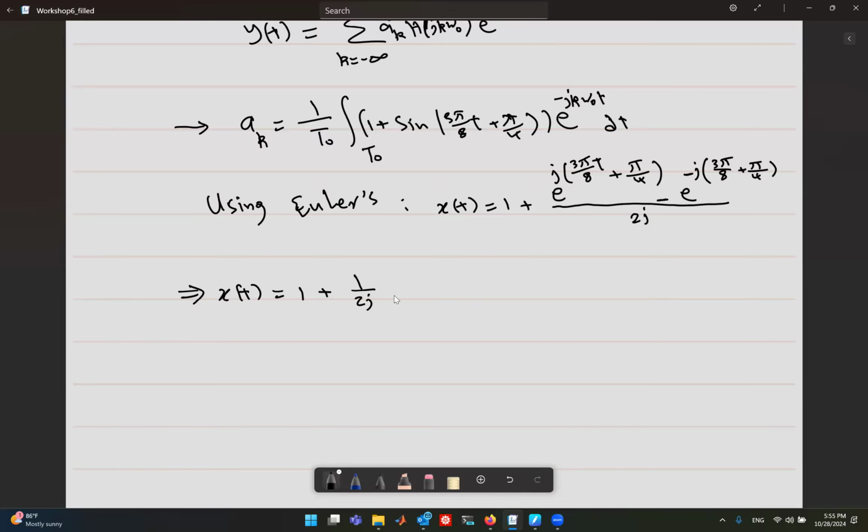So 1 divided by 2j times exponential j 3 pi divided by 8 t times exponential j pi over 4, minus exponential minus j 3 pi over 8 t times exponential minus j pi over 4.